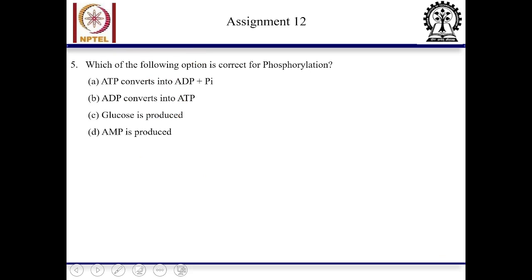Now, question number 5. Which of the following options is correct for phosphorylation? ATP converted into ADP plus Pi, ADP converted into ATP, glucose is produced, or AMP is produced.